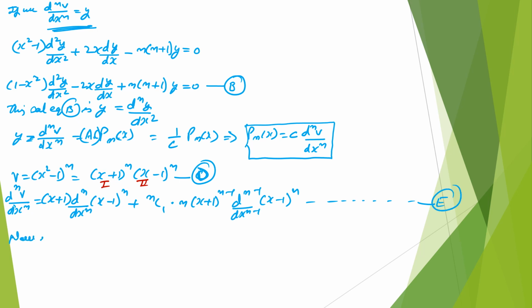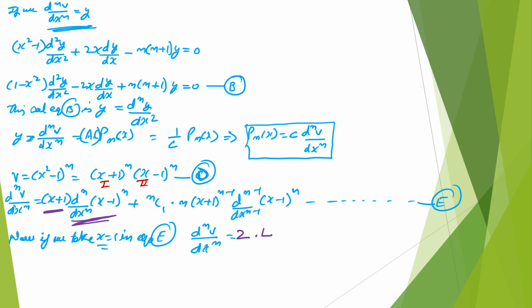Now if we take x is equal to 1 in equation E, we get d^n v over dx^n is equal to, now when we substitute the value over here, we find this is equal to x plus 1, that will be 2, and the nth time differentiation of (x minus 1) to the power n will be factorial of n.